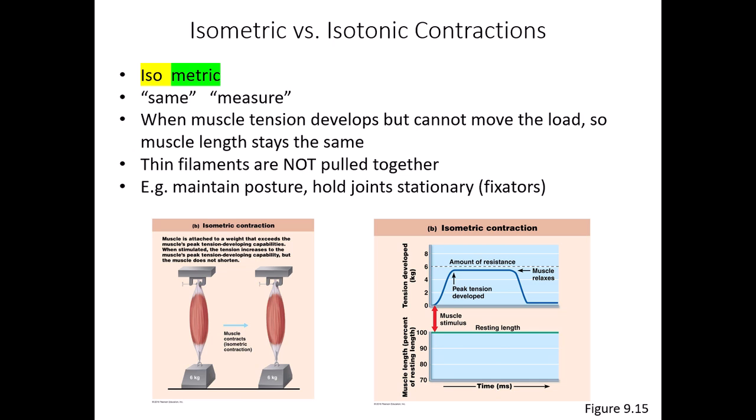Okay, so for example, if we were standing under a bar, standing under a chin-up bar, we would have a lot of isometric contractions, holding our joints together, maintaining our posture.